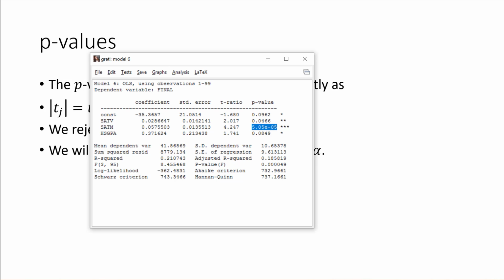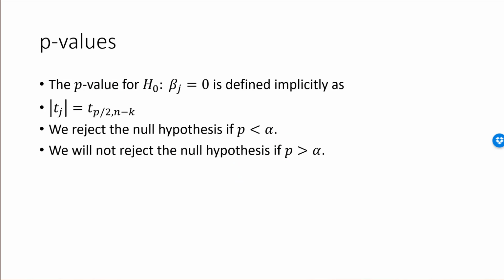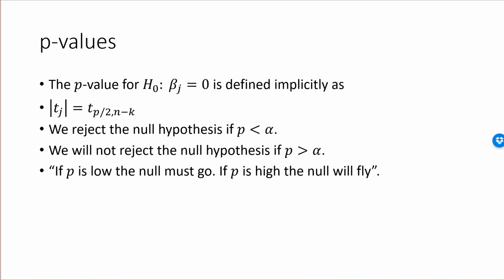This is way less than 0.05, so we reject that beta 3 is 0, while this is greater than 0.05, so we cannot reject that beta 4 is 0. A nice way of remembering this is what we talked about before. If p is low, the null must go, and that is of course in relationship to alpha. If p is less than alpha, reject the null, otherwise don't.